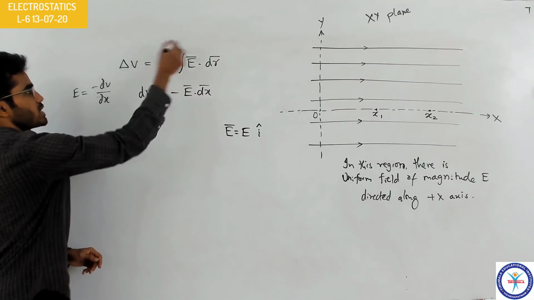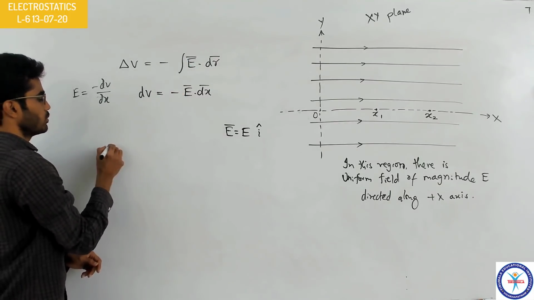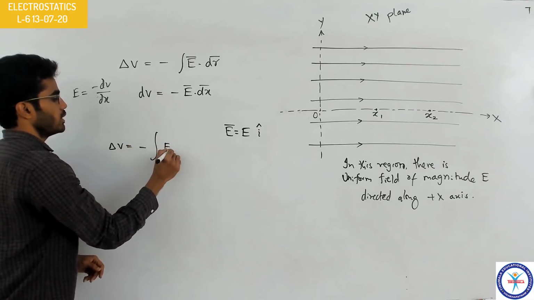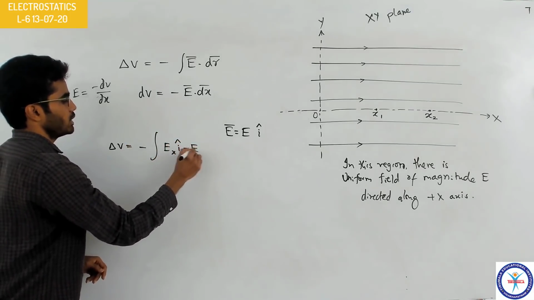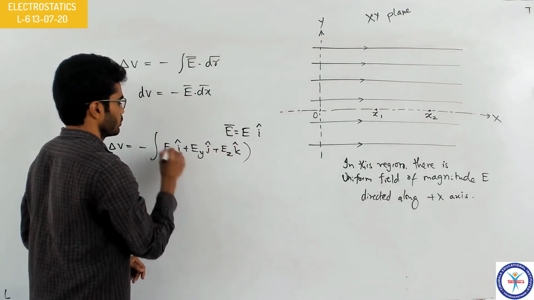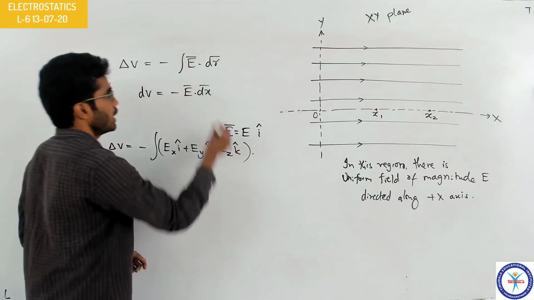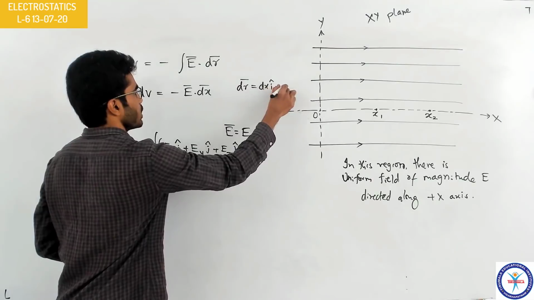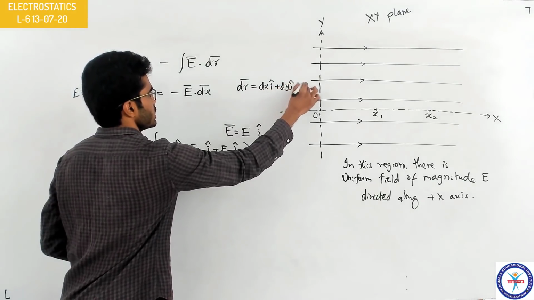Now, if you use this expression, what does this mean? Delta V equals minus integral of E bar dot dr bar. E bar is written as Ex i cap plus Ey j cap plus Ez k cap, generally, if you include three dimensions, and dr bar is dx i cap plus dy j cap plus dz k cap.